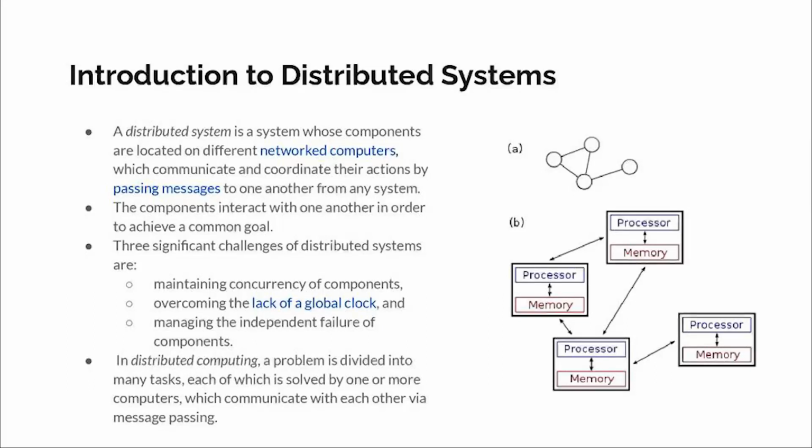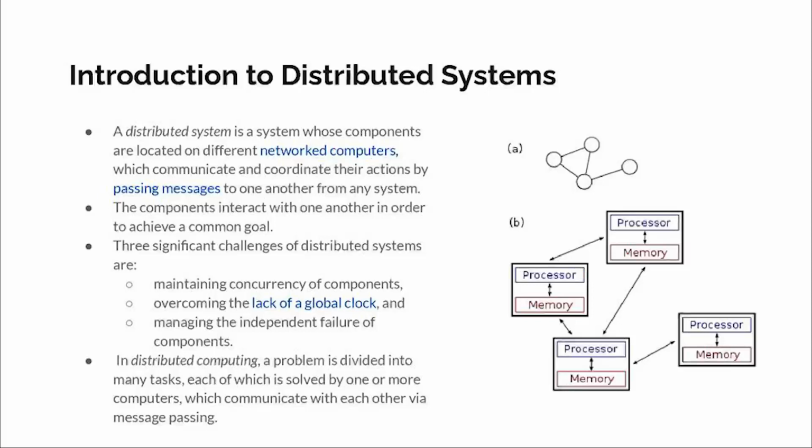Distributed systems are designed to work on huge chunks of data individually, on different sets of data, and communicate with each other about the combined results. The three main challenges we face in a distributed system are, first, maintaining concurrency of components, and concurrency means the ability to execute simultaneously. The second is overcoming the global clock.